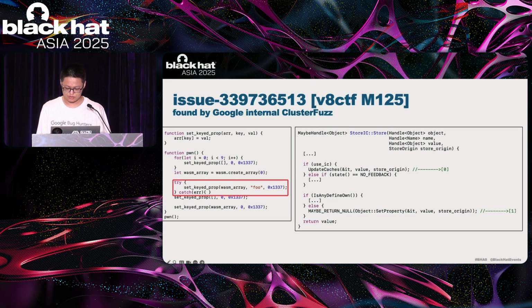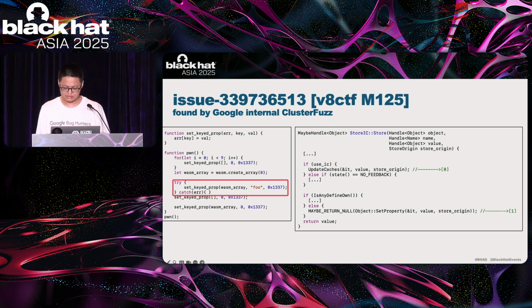Store IC has 3 states: monomorphic, with a single object type for highest efficiency; polymorphic, with multiple cached types for quick lookups; and megamorphic, which uses a slower generic path when too many types are observed.